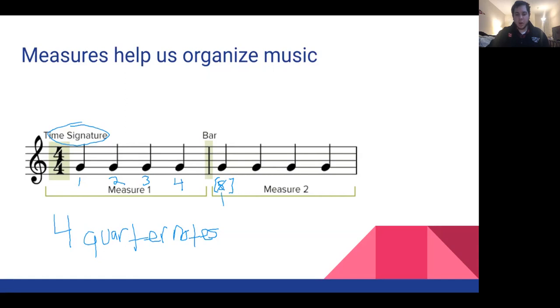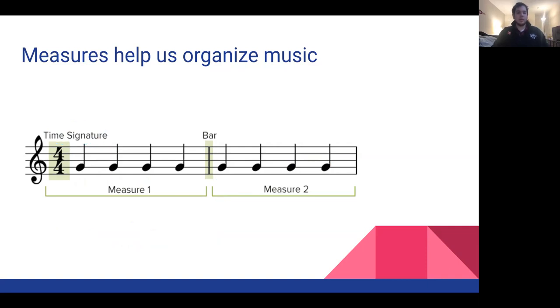We are going to say 1. And then this is 2, and this is 3, and this is 4. So every time we see that bar line, we're going to reset our counting and start a new group. Each bar separates a measure from the next one and the one before.